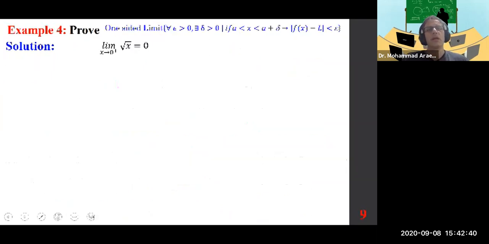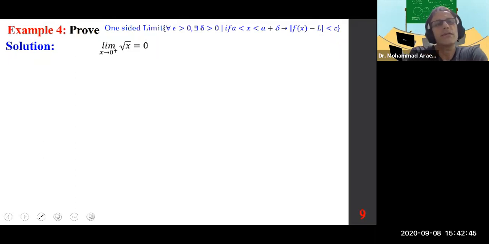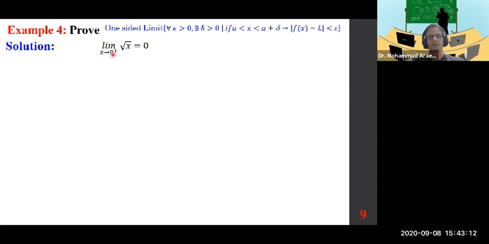Okay. Again, the definition for one-sided limit is given in the following manner. Whatever the choice of epsilon larger than 0, there must be a delta larger than 0, such that if x is between a and a plus delta, then absolute value of f of x minus L is less than epsilon, because this is the limit from the right.